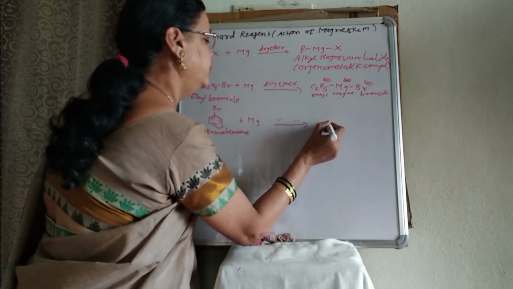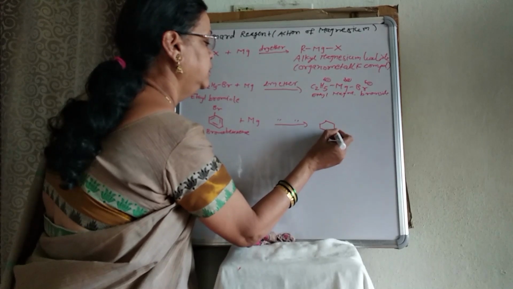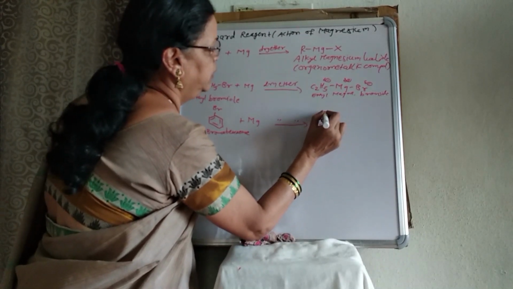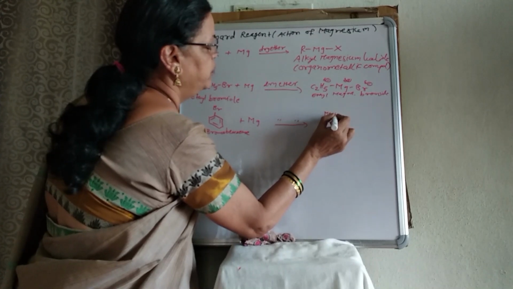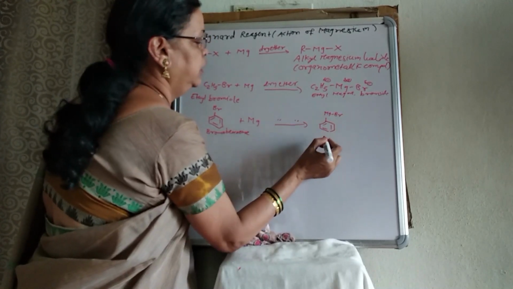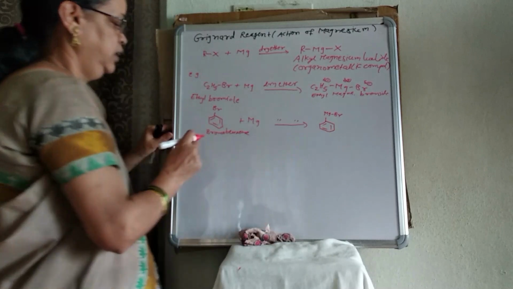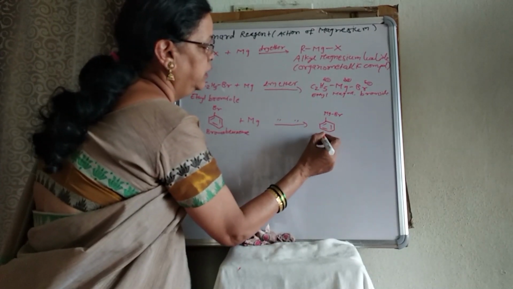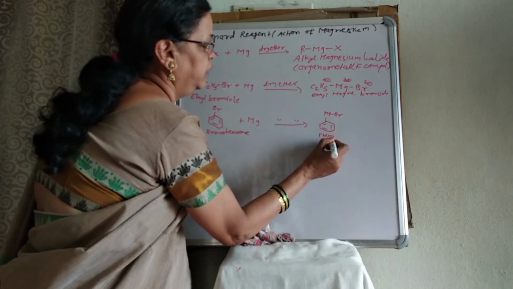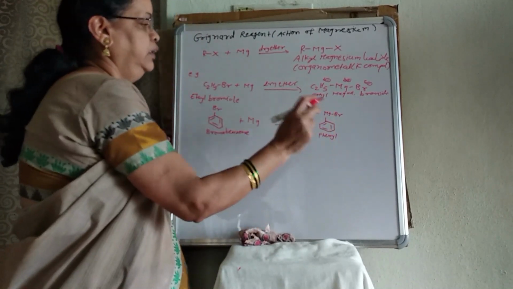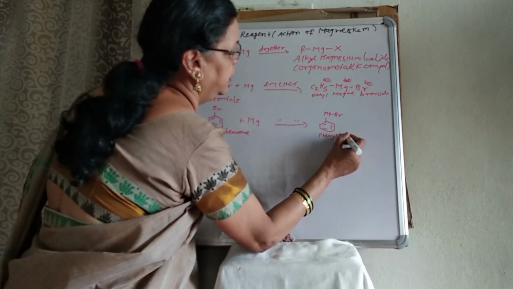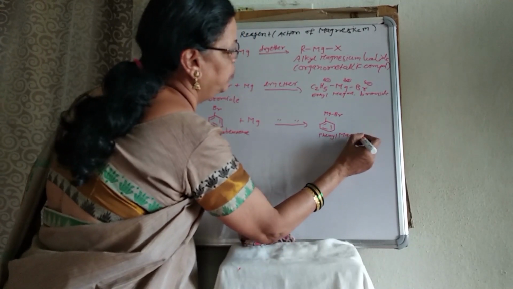You should not forget to write the dry ether, and no byproduct is formed. This you also have to remember. Here there is bromobenzene, so you have to start with phenyl, because the Mg takes the position of the bromine, and therefore it is phenyl magnesium bromide.